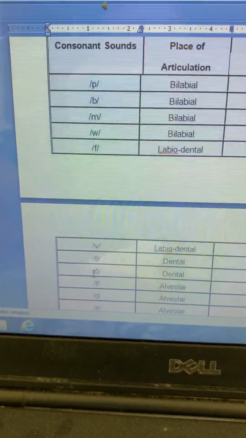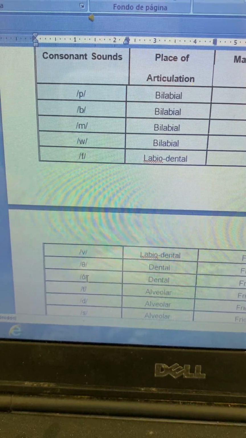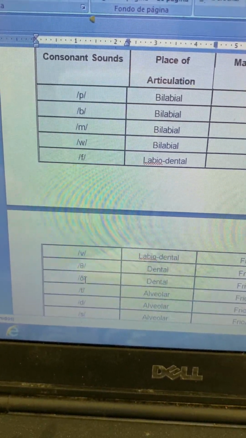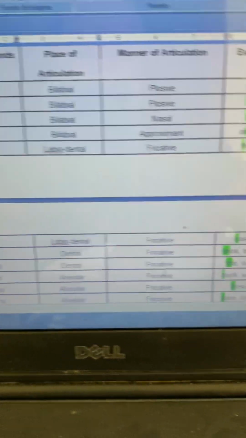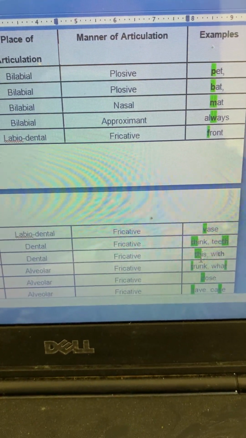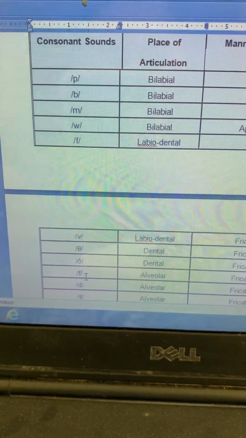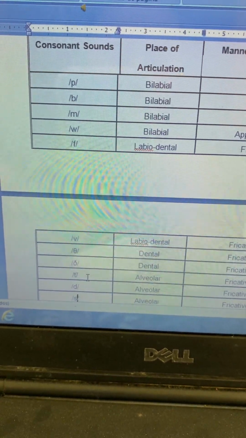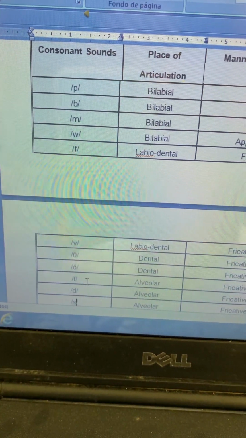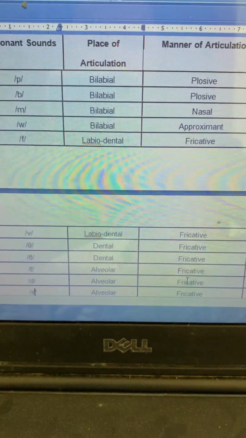And here we have the consonant eth, which is voiced, dental, fricative. For example, this, with. And here we have T, which is voiceless, alveolar, fricative.